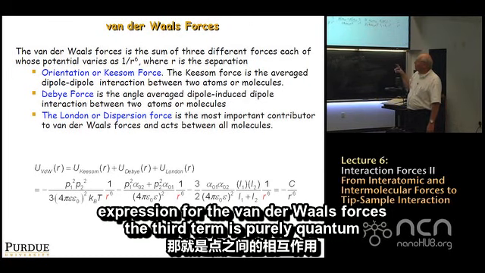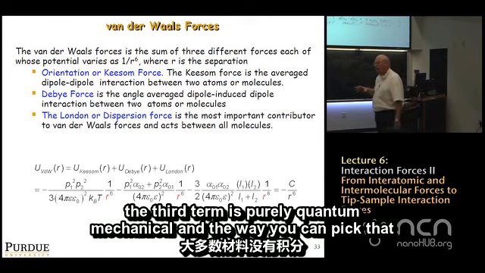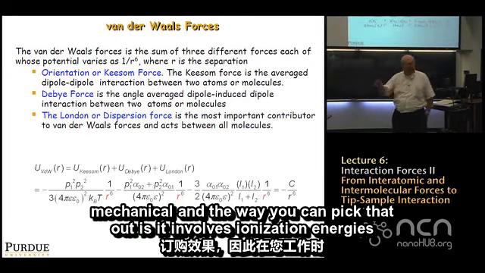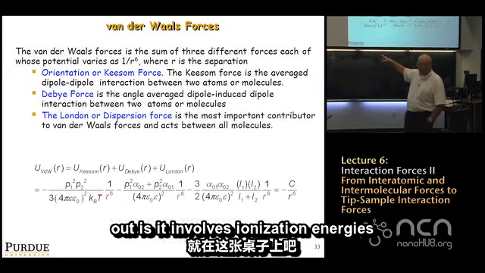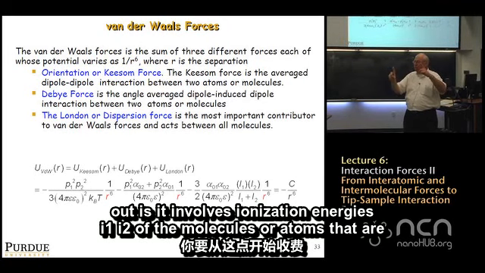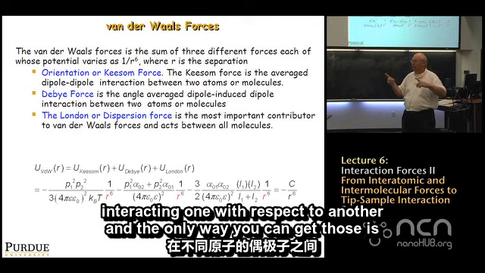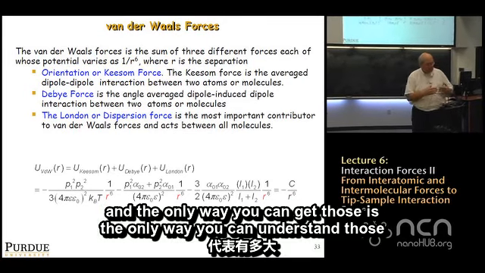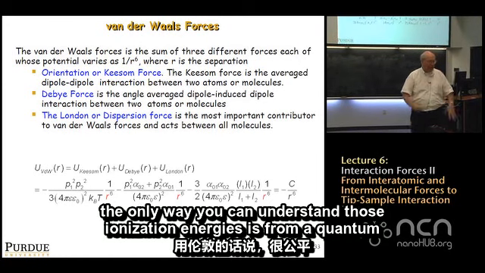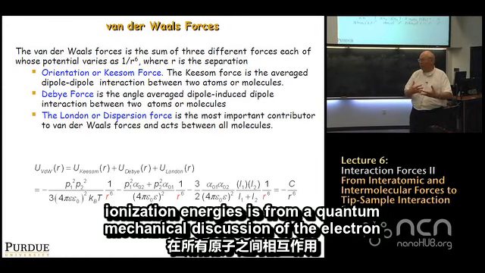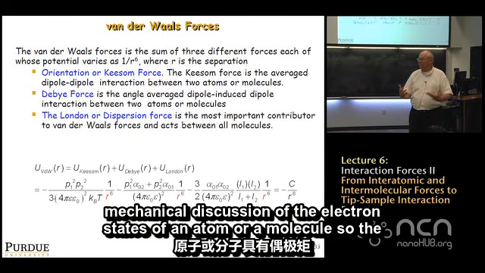The third term is purely quantum mechanical, and the way you can pick that out is it involves ionization energies, I1, I2, of the molecules or atoms that are interacting one with respect to another. And the only way you can understand those ionization energies is from a quantum mechanical discussion of the electron states of an atom or a molecule.